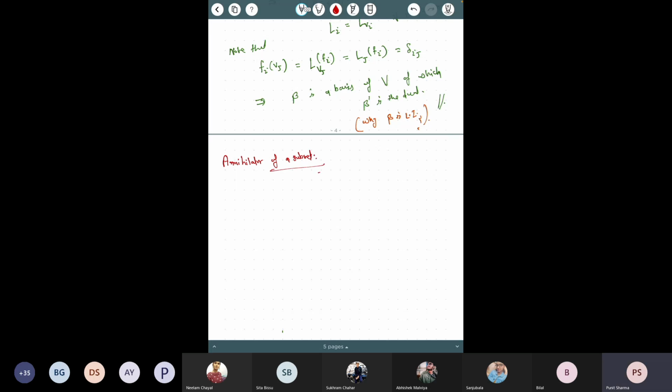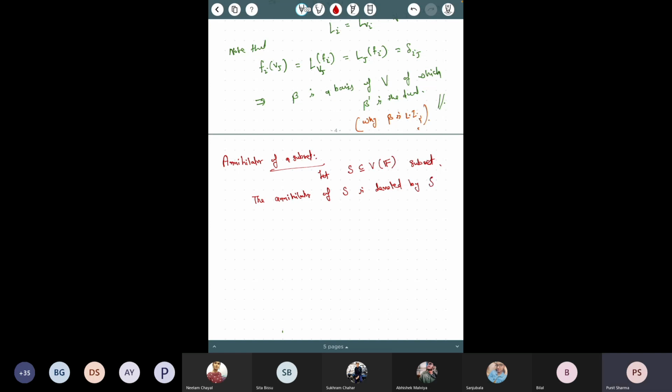So suppose that we have a subset S of a vector space V. This is just a subset, not saying subspace, it's just a subset. Then for this set S, the annihilator of S is denoted by S naught.